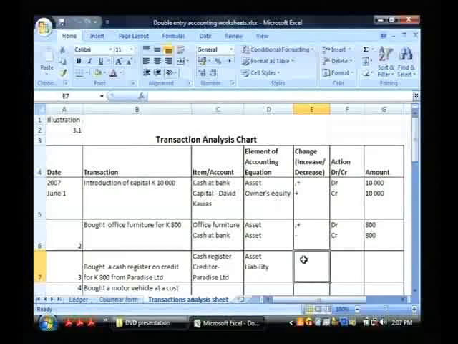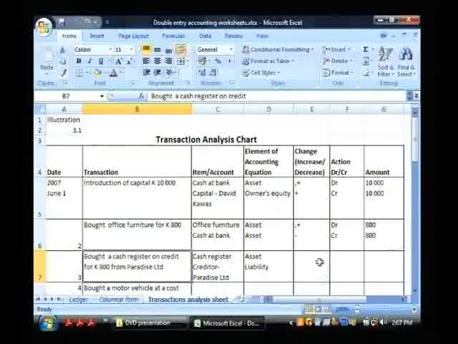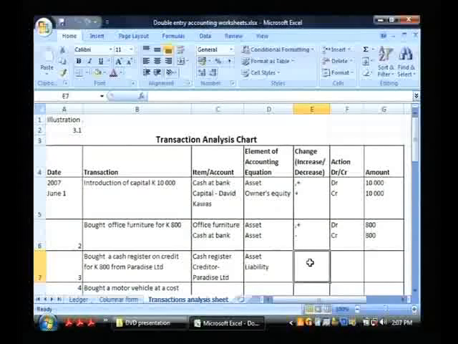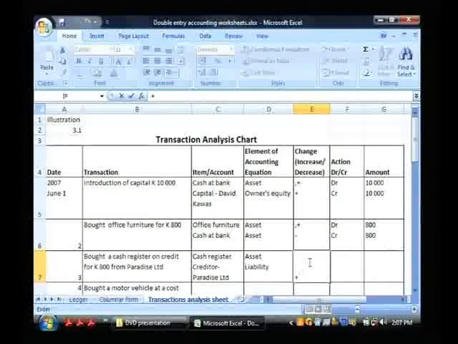Cash register, once you purchase assets, it is debited, the value of that account will increase, so therefore plus, and creditor also in this case increases, because when you purchase a cash register, the amount payable to him will increase.